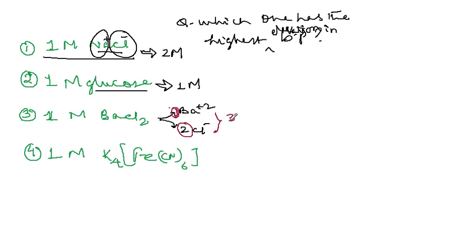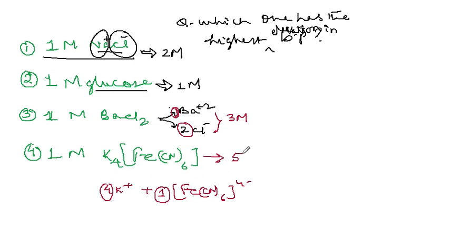So 1 molar would become 3 molar. Exactly like that, we'll have 4 potassium ions and 1 hexacyanoferrate ion. So 1 and 4, our concentration would increase by how many times? By 5 times.